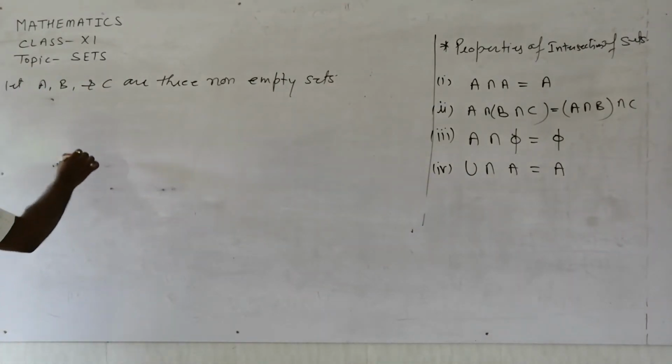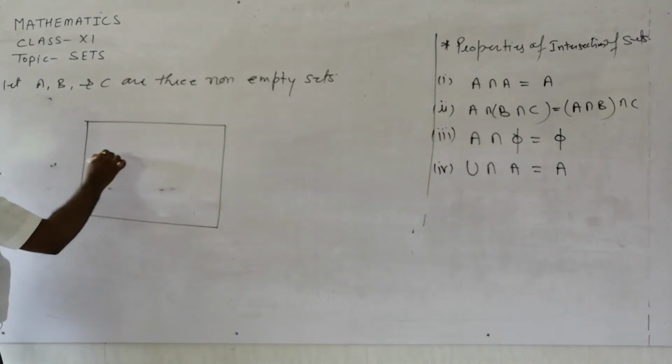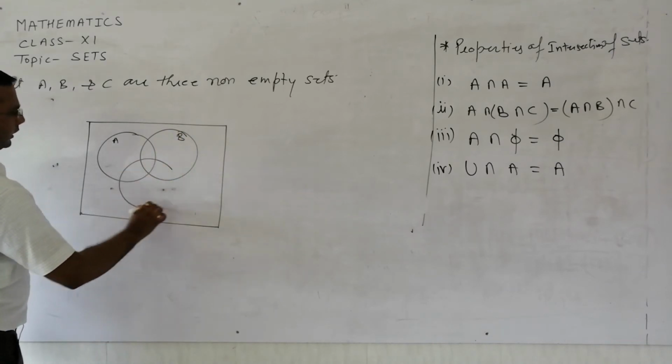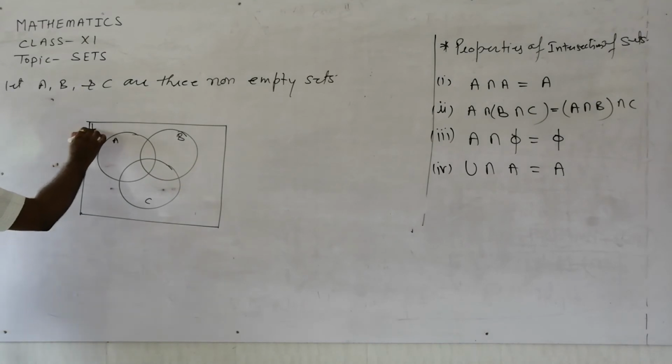Then using a Venn diagram we can represent them like this. There is set A, there is another set B and there is one more set C. This is a universal set.